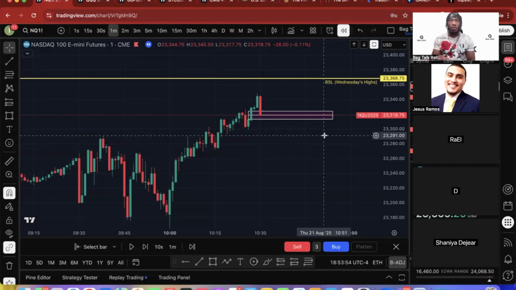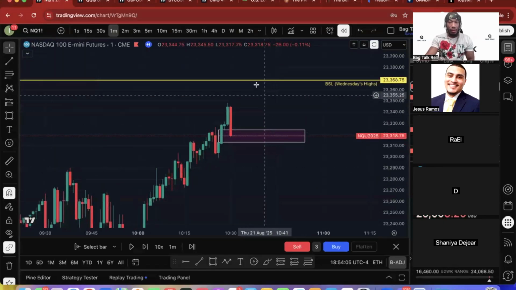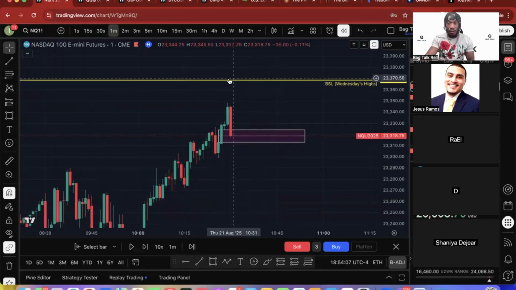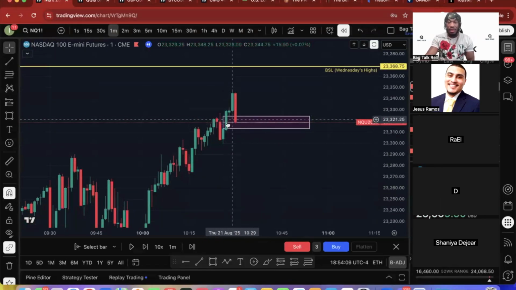If you know the most probable areas for price to use if we're going to remain in a certain direction, you can build entire trade ideas off of that.